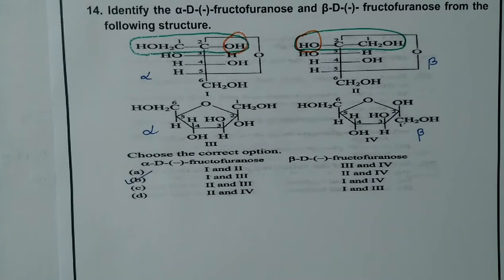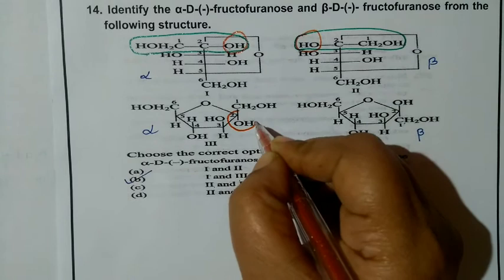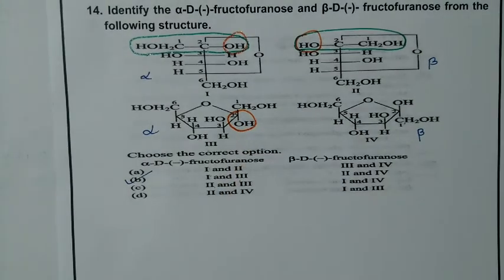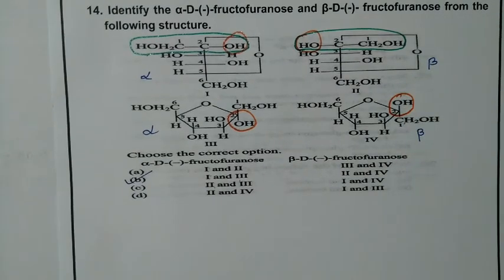If the OH is on the right side, it is alpha. If the OH is on the left side, it is beta. Likewise here also, the second carbon OH is downward, and downward indicates it is on the right side, so that's why it is mentioned as alpha. It is above, so that's why it is beta. I hope it is clear.